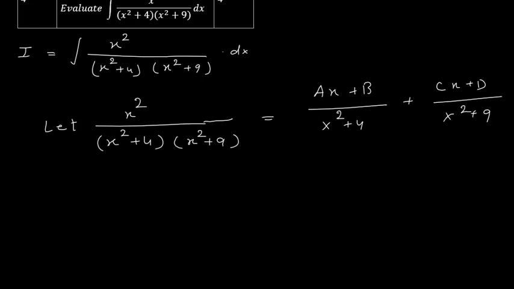Okay, and we will find the values of a, b, c and d. But if you do it in this way, it will be a little lengthy, as we have to find the values of a, b, c and d.